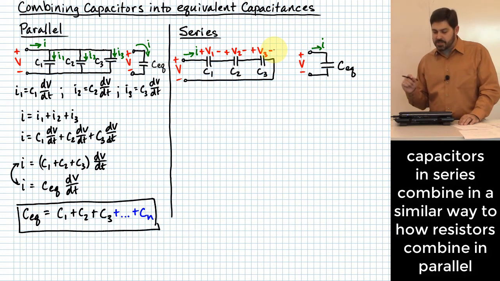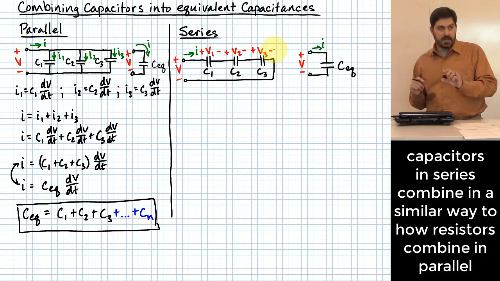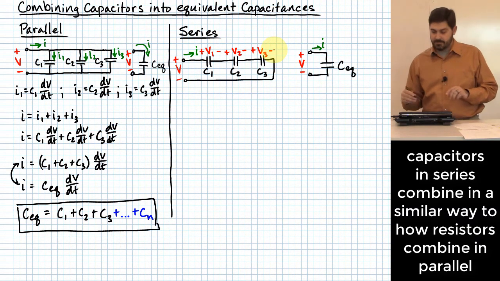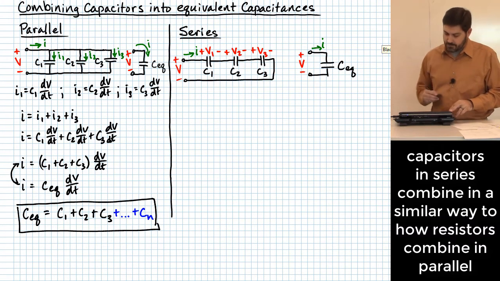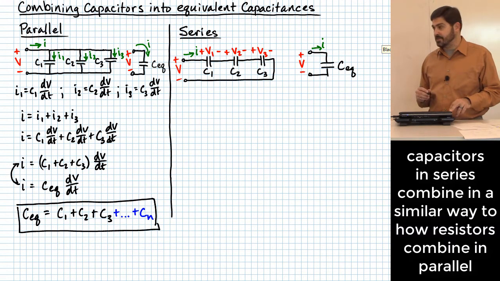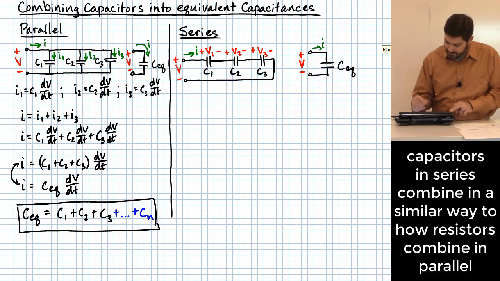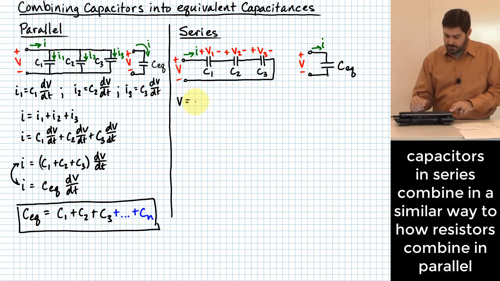But is there a relationship between V1, V2, and V3 and the overall V? Kirchhoff's voltage law says that V is going to be equal to what? V1 plus V2 plus V3.